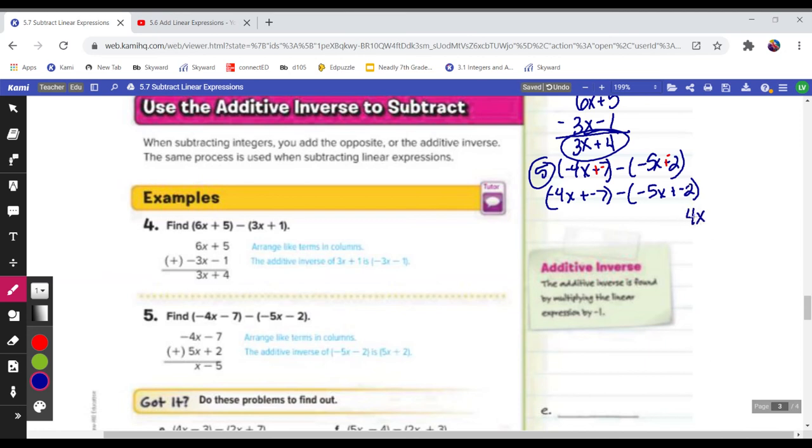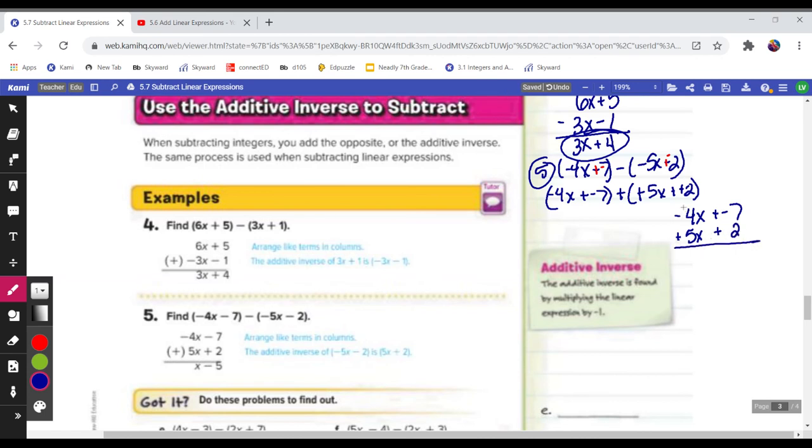So for the second quantity, I'm going to do the additive inverse. So I'm going to add and make it a positive 5x. I'm going to add and make that a positive 2. So plus 5x plus 2.